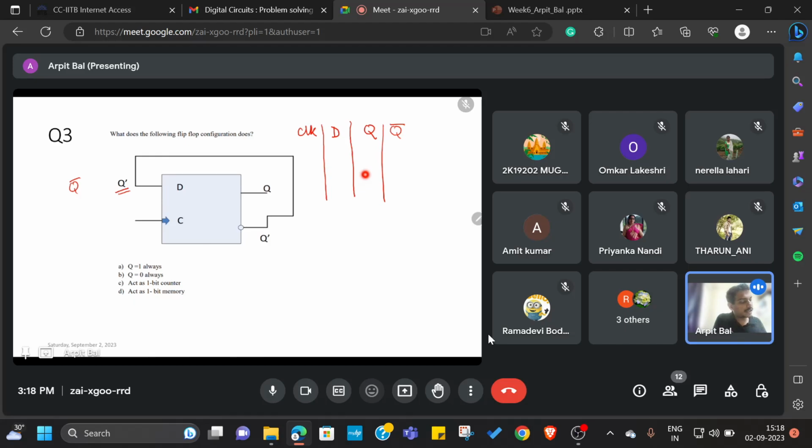Here we know that D is equal to Q bar, because this Q bar is being fed to D as an input. Let us assume that initially everything was 0. If Q is 0, Q bar is 1. So when the next clock arrives, what will be the value of D?